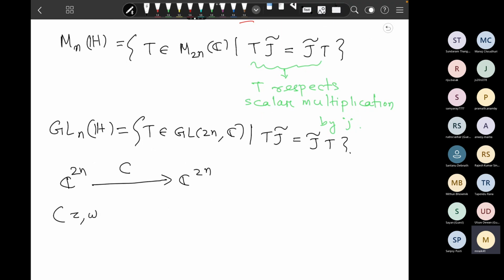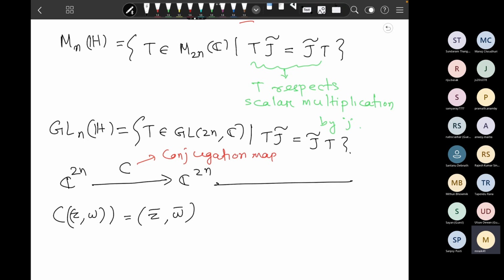C of (Z, W) will simply take (Z bar, W bar). So this is called the conjugation map. And you take the standard complex structure map from C2n to C2n. This is J. And what is J of (Z, W)? So J of (Z, W) is equal to (minus W, Z).